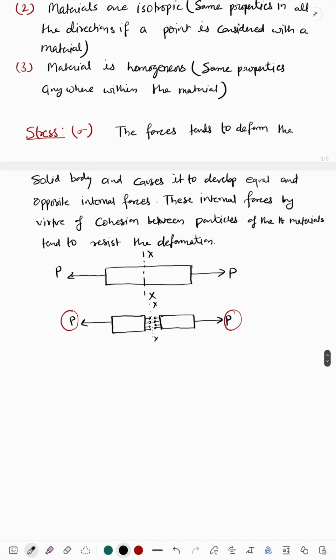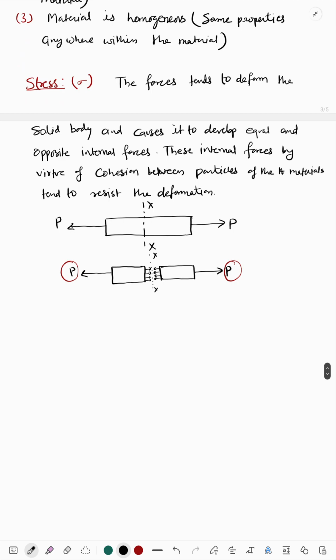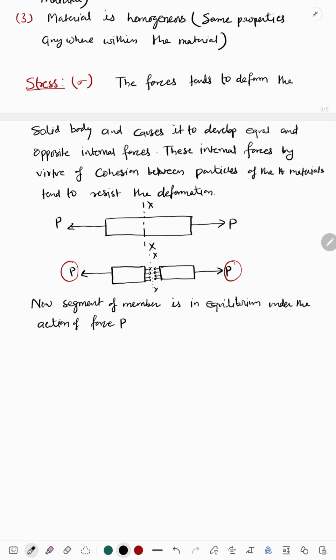Now we can say that the segment of the member is in equilibrium under the action of force P and the internal resisting force.